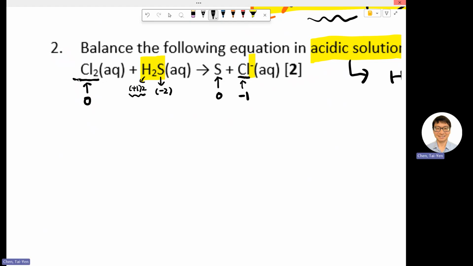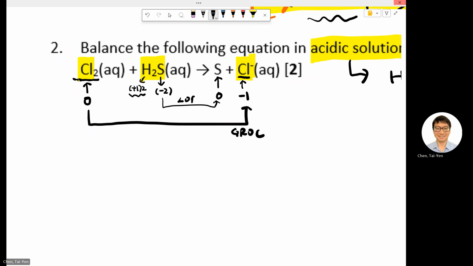Then we can start to compare the oxidation number changes of your different atoms. So for Cl2, from reactant to product, its oxidation number goes from 0 to -1. Therefore, we know that it's our G-rock. And then for your sulfur, it goes from -2 to 0, so it gives out 2 electrons. Therefore, this is your LoRa.